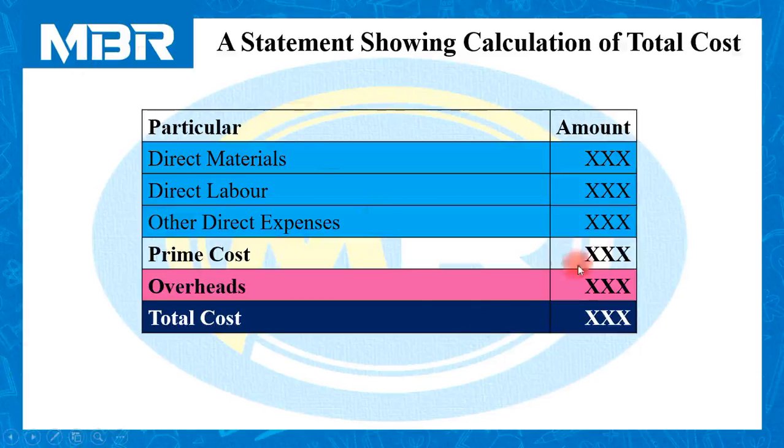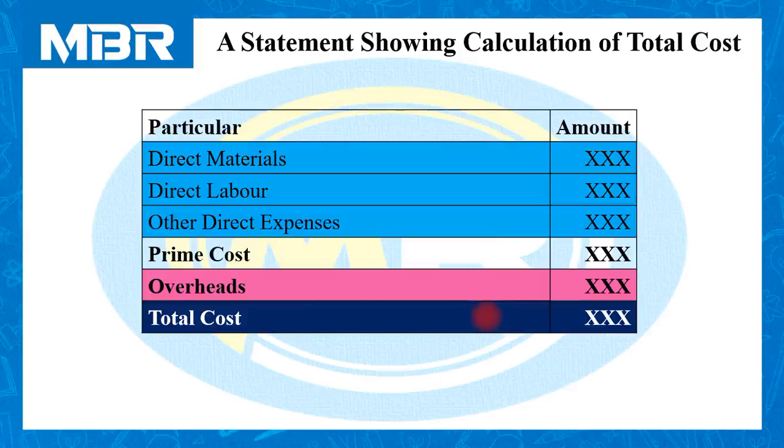There are a few types of overheads available to us. If you want to classify overheads based on their nature, you can classify them into variable overheads, semi-variable overheads, and fixed overheads.